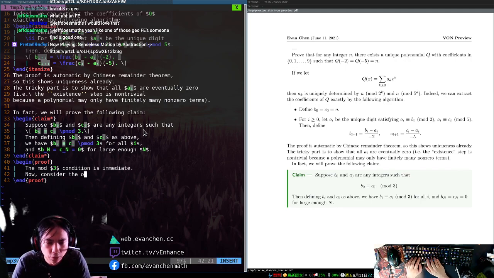Now consider the ordered pair. Now, essentially we have a map.